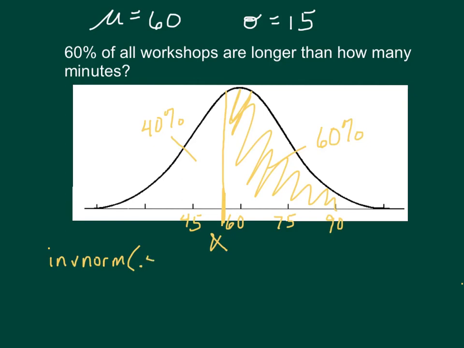So this would be inverse norm, 40%. The mean is 60, the standard deviation is 15, and that workshop comes out to be 56.2 minutes long. Enjoy.